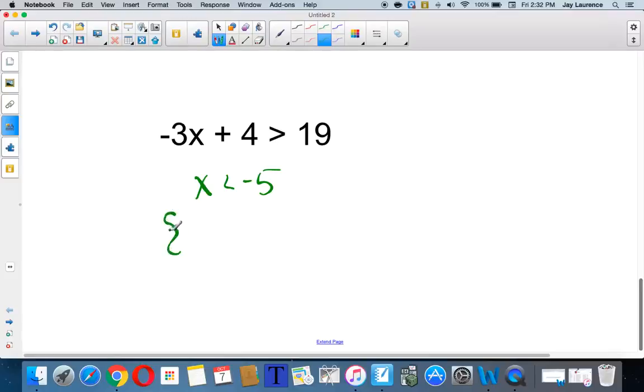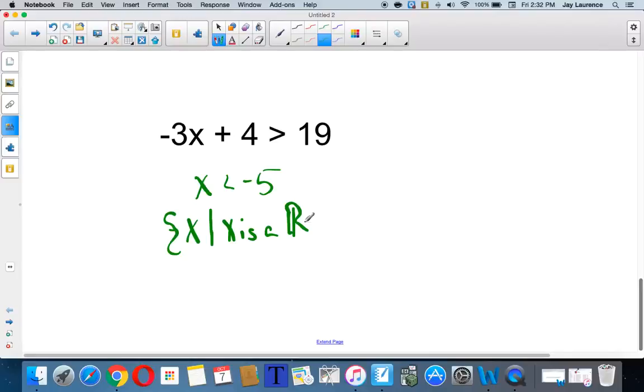I'm going to go the set of x such that x is a real number, right? X has to be a real number because x could be -10, -20. X could be -11.5.